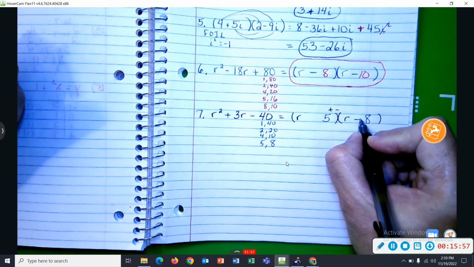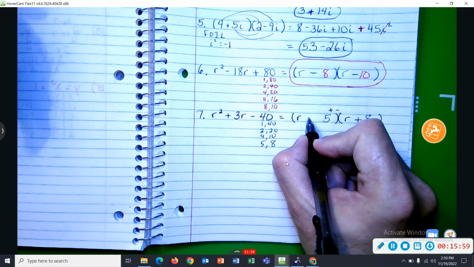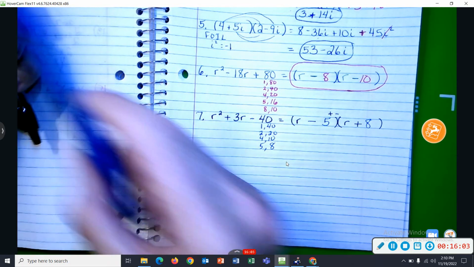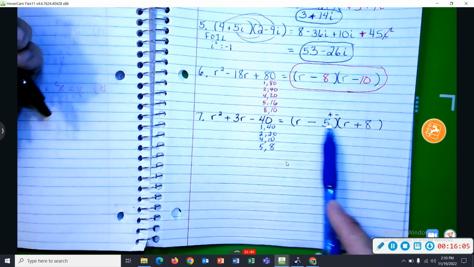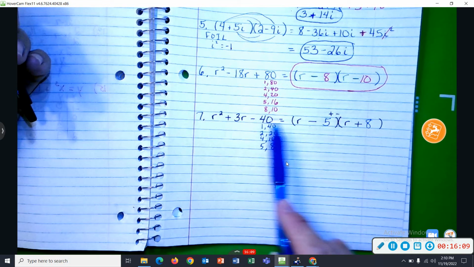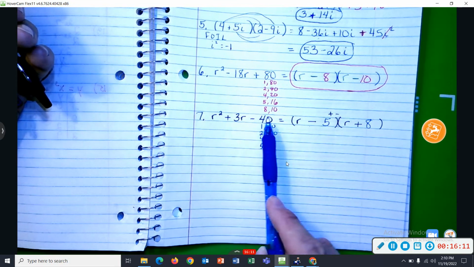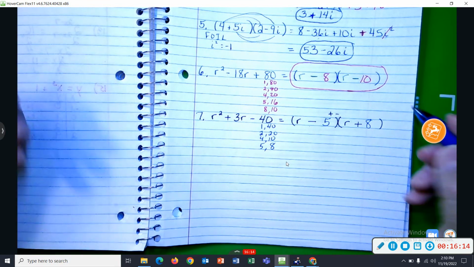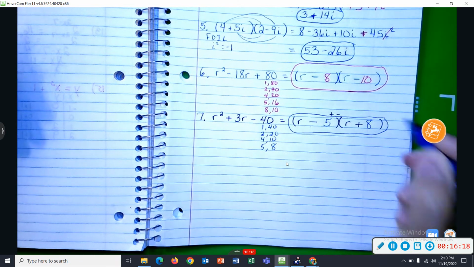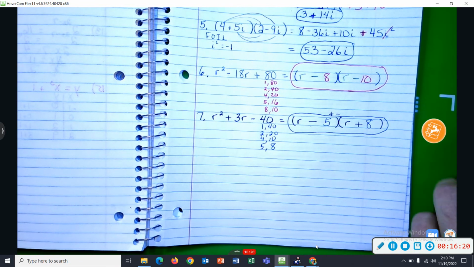Well, then the 8 would need to be positive and the 5 negative. And you can FOIL that out in your head to verify. You have R squared, then a plus 8R and a minus 5R, giving you a plus 3R, and minus 40. So R minus 5 times R plus 8.